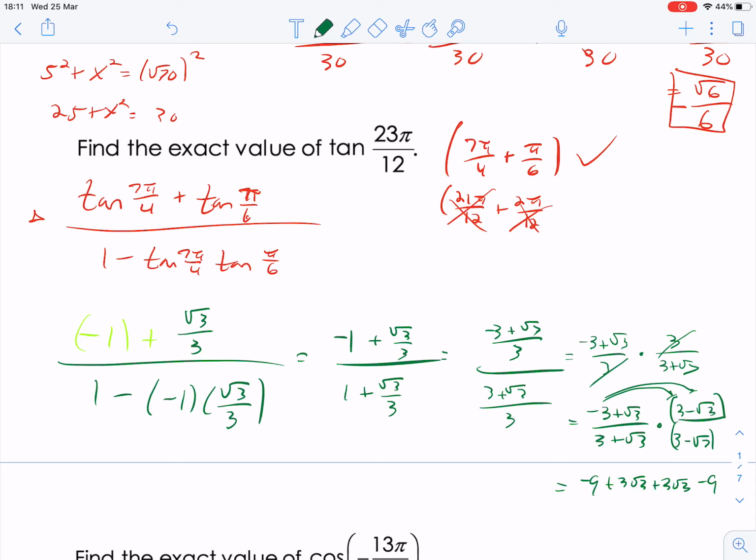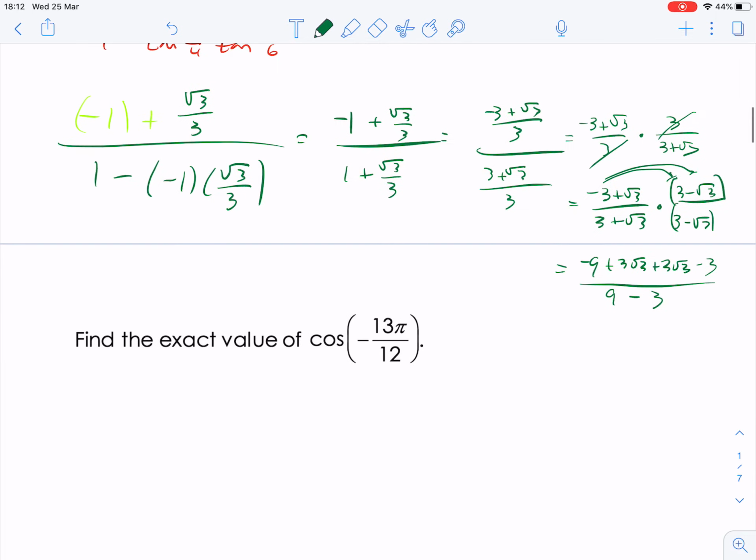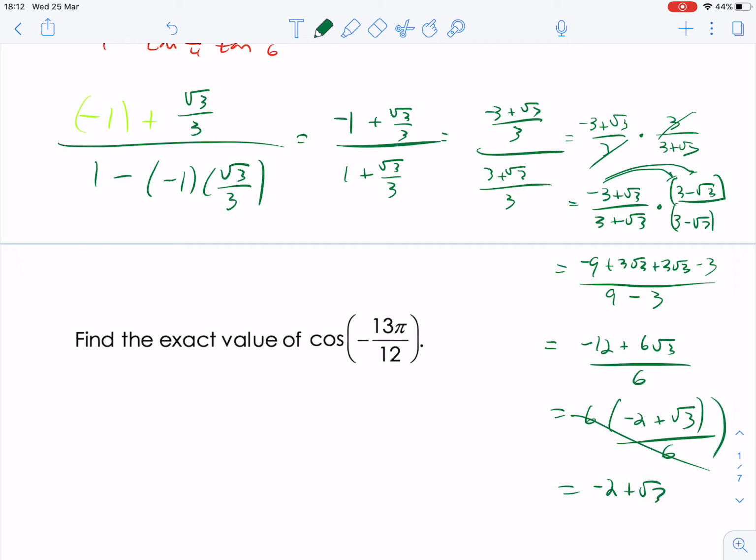Nope, minus 3, sorry. Minus 3 all over 3 squared, 9 minus 3. Let's bring that up here. So that's going to give us negative 12 plus 6 square roots of 3 over 6. Factor 6 out. We get negative 2 plus square root of 3 over 6. Cancel. Negative 2 plus square root of 3.